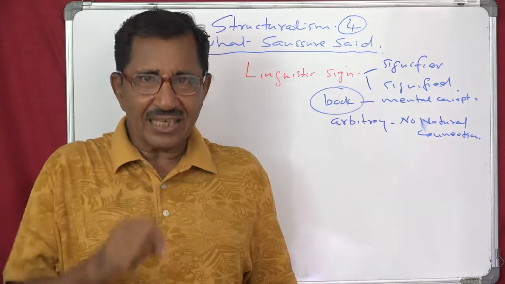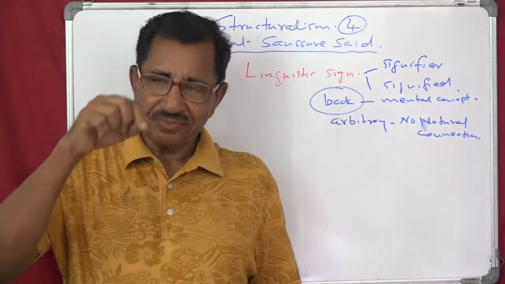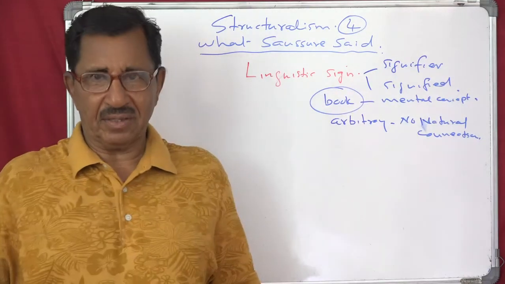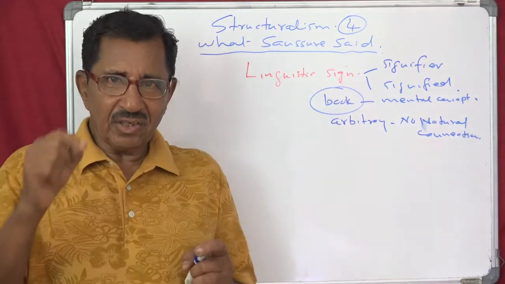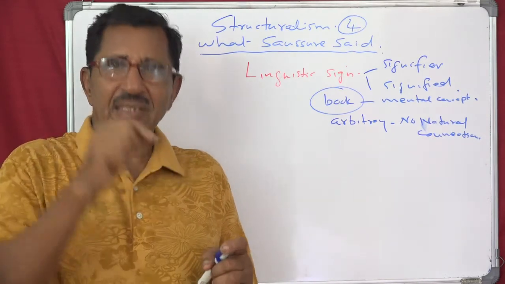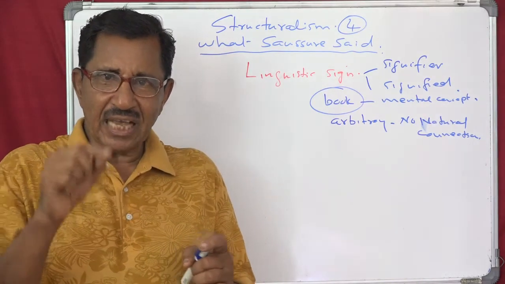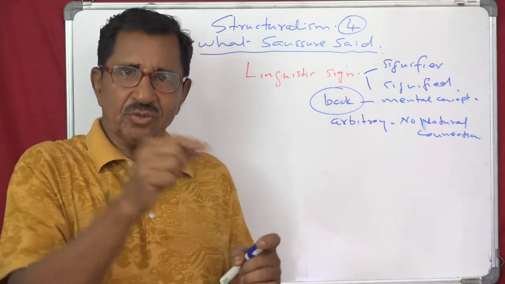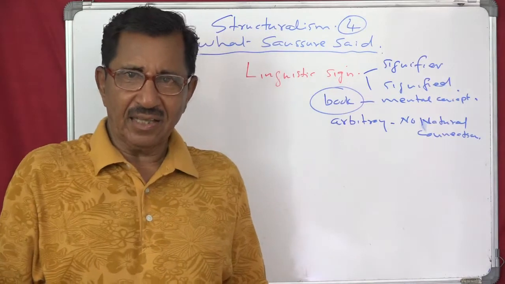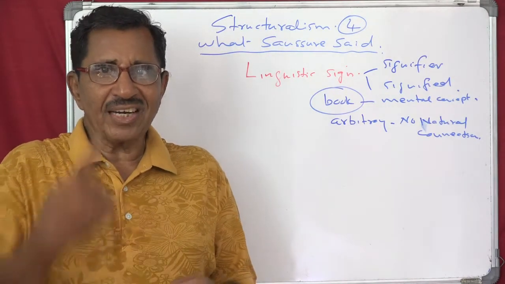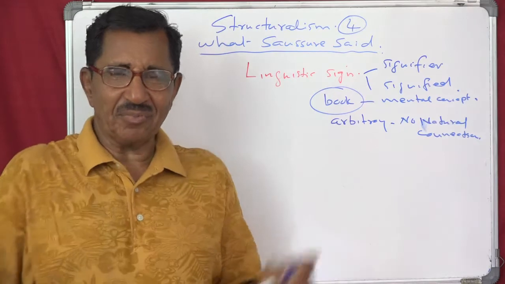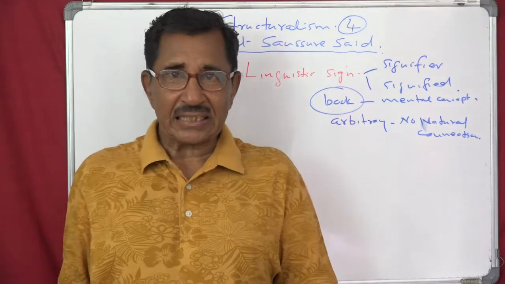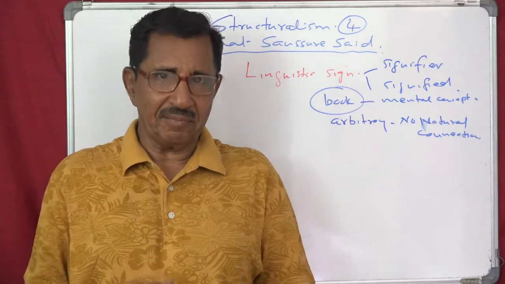Understand that? So each language uses signifiers arbitrarily. Each language assigns signifiers to signifieds arbitrarily. Otherwise, there would be only one language in the world. As I told you yesterday, he said ped in Hindi, tree in English, maram in Malayalam.